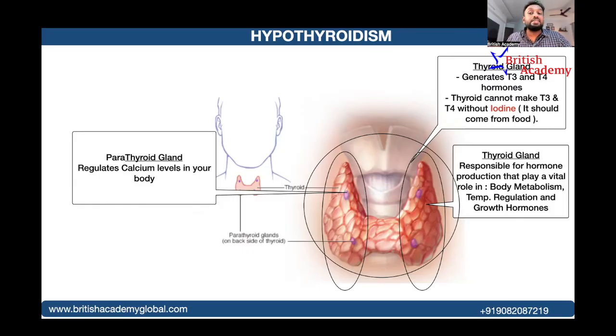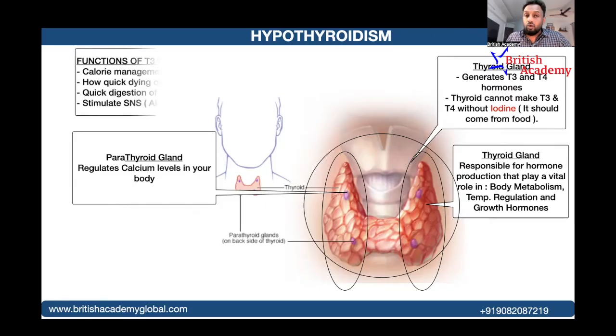Iodine needs to be absorbed from food. You cannot give an external supplement of iodine. It's better to eat enough salt, because in our country, and even in the US, the table salt we get is fortified with iodine. That helps in generating T3 and T4 in your body.